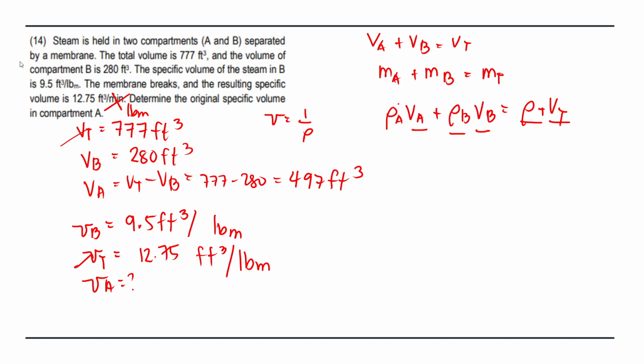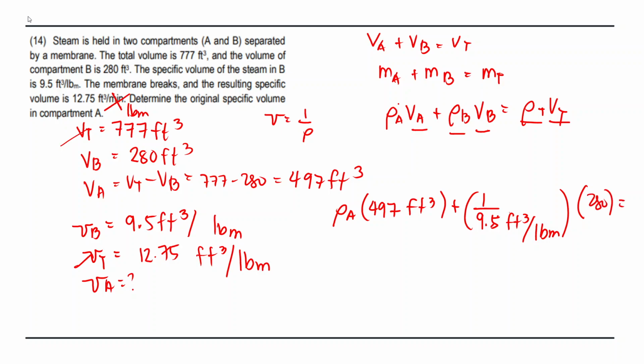Okay, so we can get that. Density of A times the volume of A, which is 497 feet cube, plus the density of B. What's given is the specific volume, so we take the reciprocal: 1 over 9.5 feet cube per pound mass times the volume of B, which is 280, equals 1 over 12.75 feet cube per pound mass times the total volume, which is 777 feet cube.